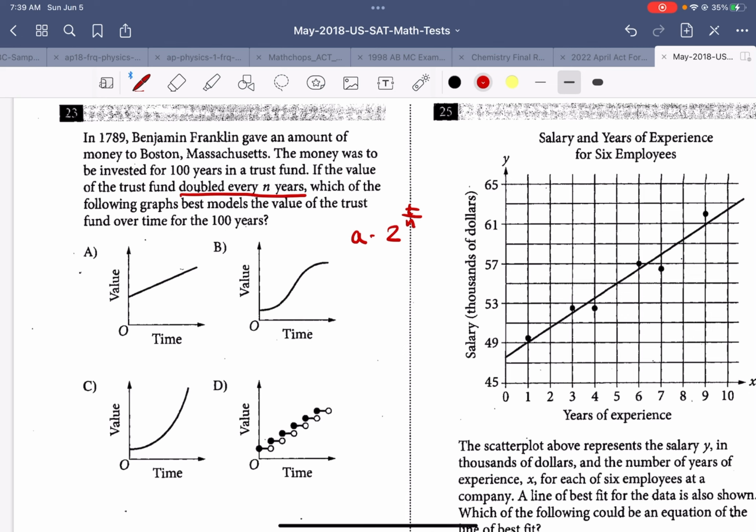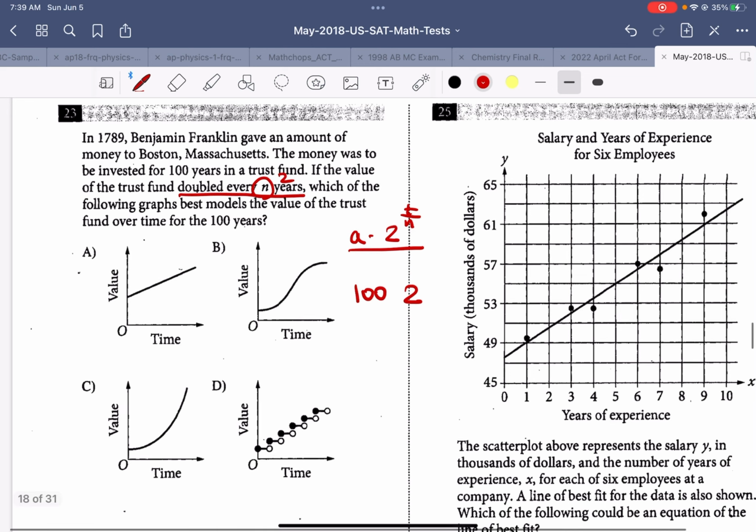It looks very complicated, but you can just think about it this way. Let's say $100 in the beginning in that fund. So every N years. I'm going to make N like 2 years, every 2 years. So 2 stands for double. If t is 2, then it will be 200, right?